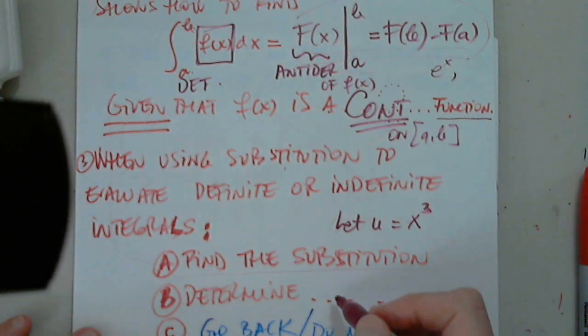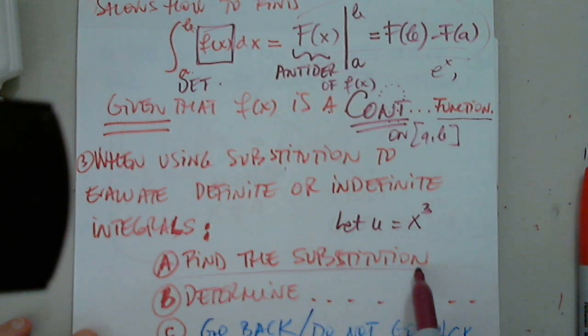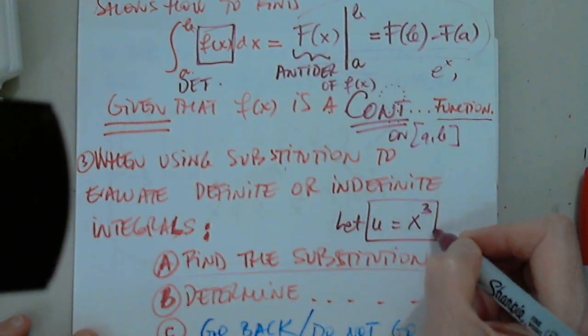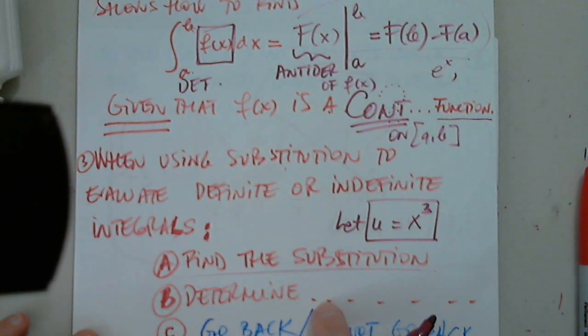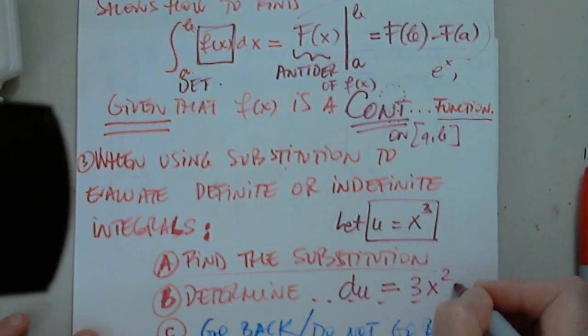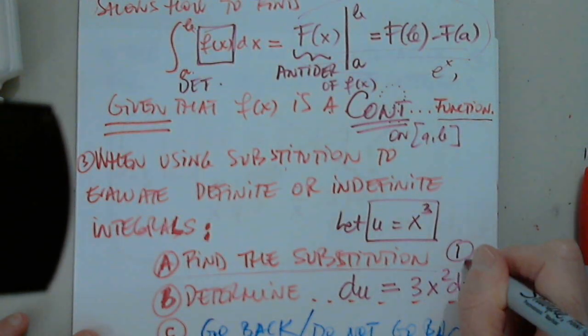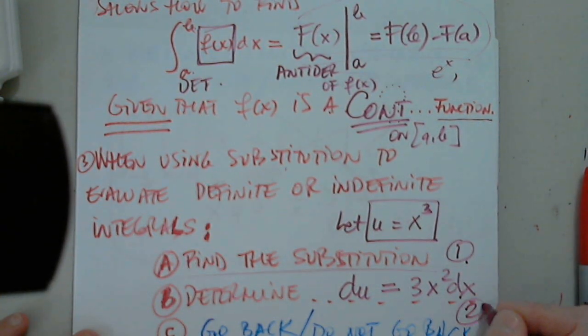Find the differential. Yes, we have to determine du as 3x squared dx. First, we find the substitution. Step number 2 is this. And step number 3 will be what Yulia said, which is fine.